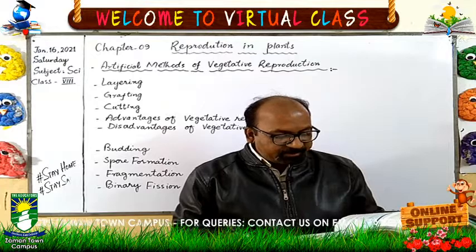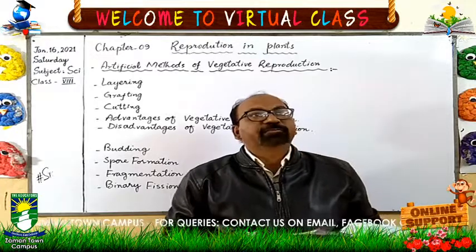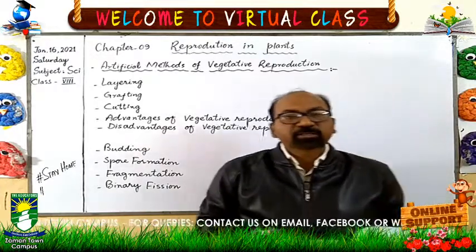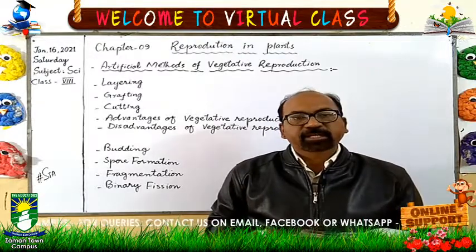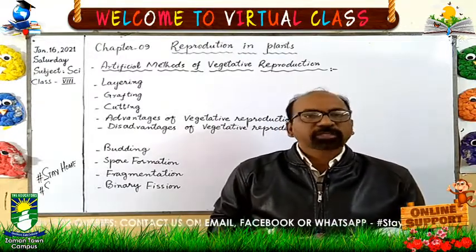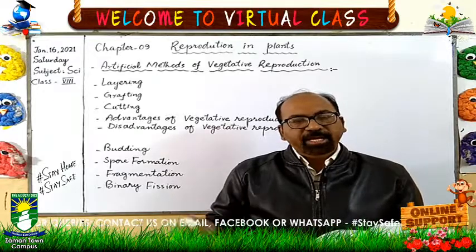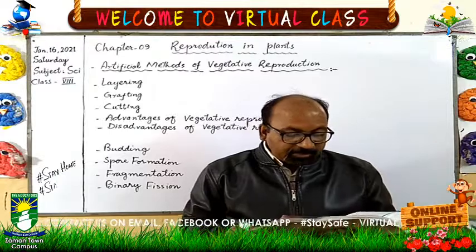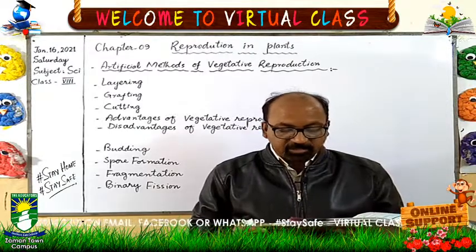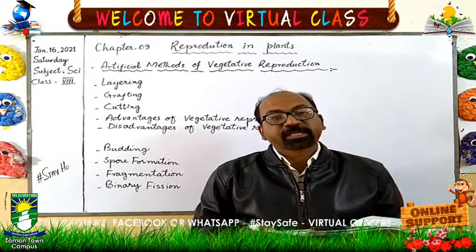Let's see the advantages of vegetative reproduction. Why is it necessary to grow plants by vegetative reproduction? Number one, some plants such as bananas do not produce seeds at all.